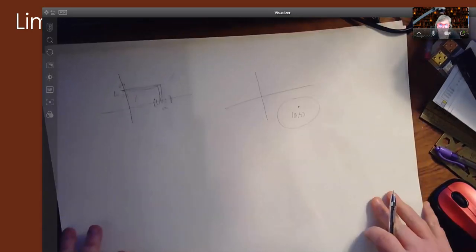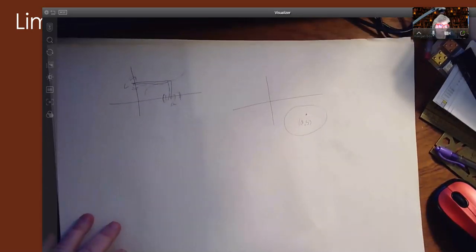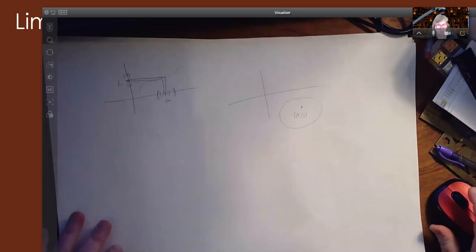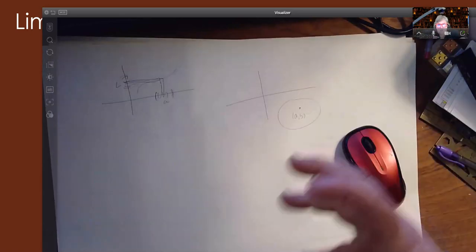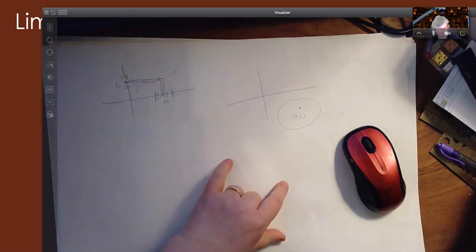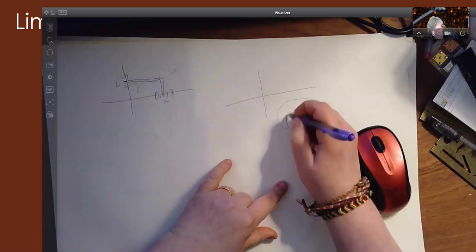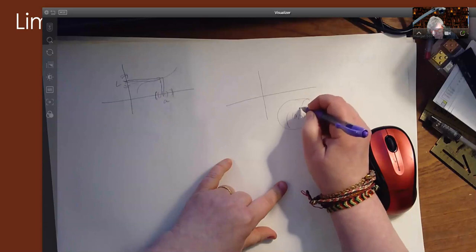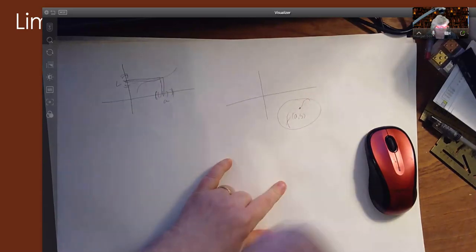We're not going to do any delta epsilon proofs, especially not in 3D, but I wanted you to see what the definition is. The idea is, as you close in on something, and the key is you have to close in on it from every direction, not just one line. And I'll show you what I mean by that.